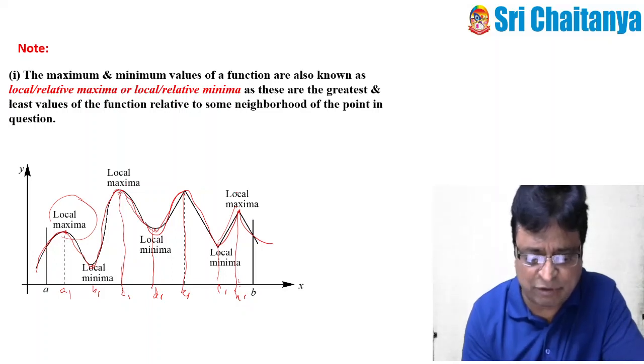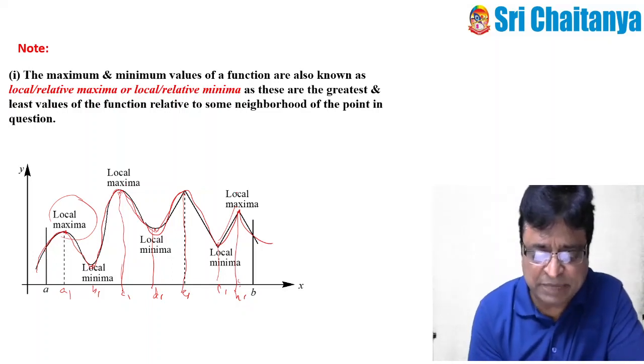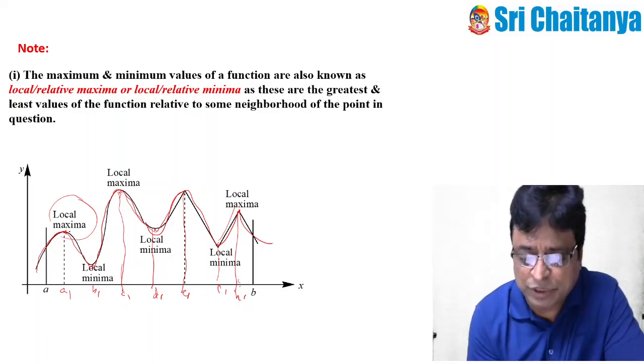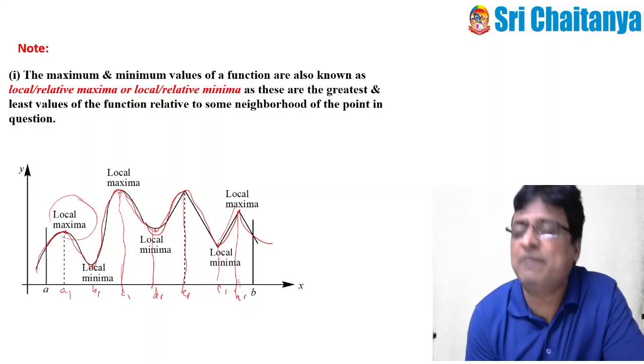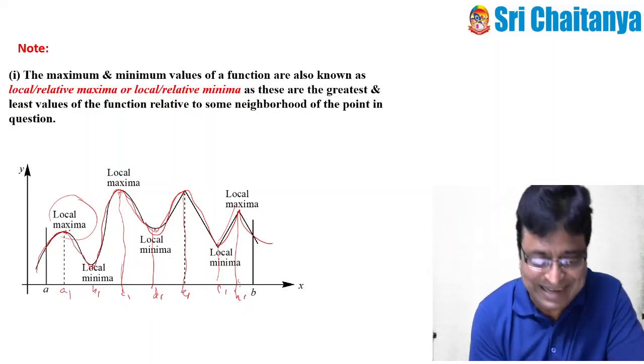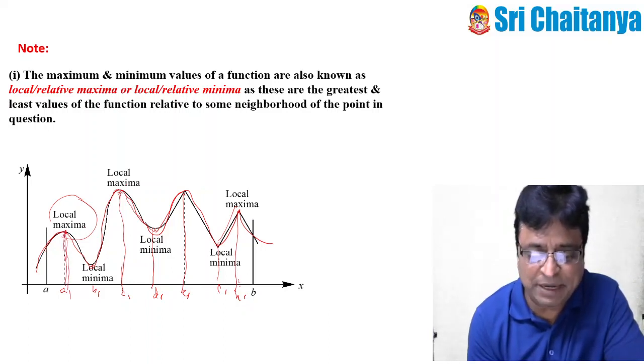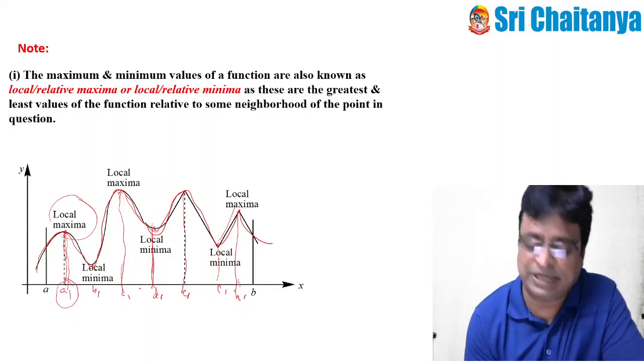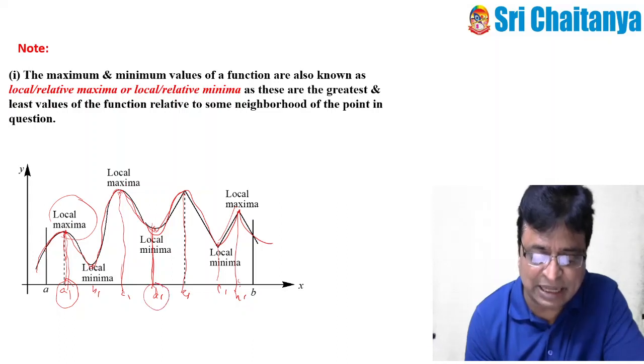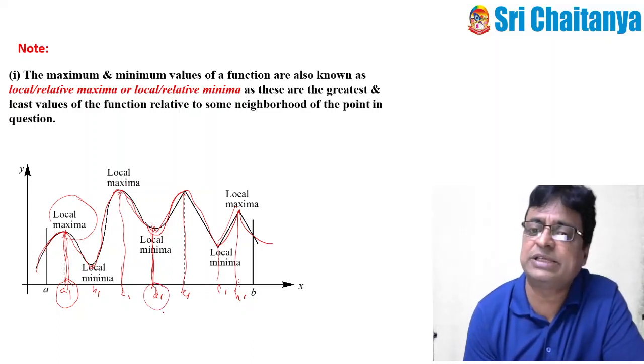Sometimes in this curve, a maxima value is less than a minima value. See, at a1 this is a local maximum. What happened at minimum? At d1, when compared with the functional value at x equals a1, the value at d1 is greater.